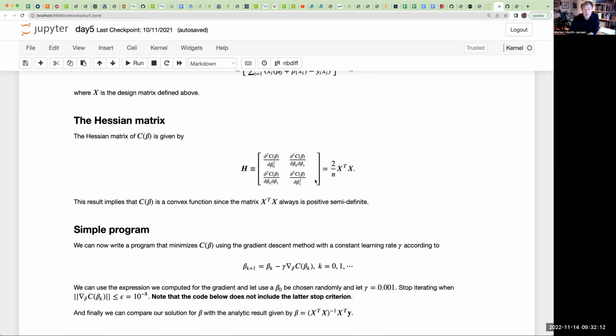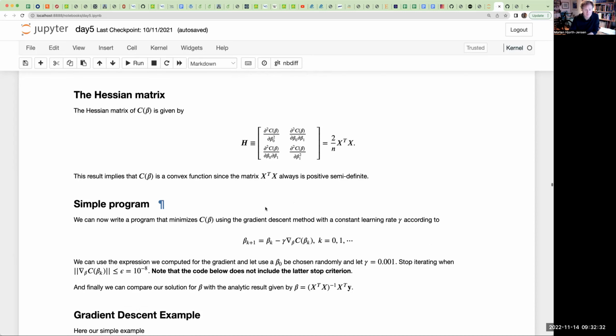If the matrix has eigenvalues which could be 0, then it could be semi-positive definite, or if the matrix has only non-zero eigenvalues or non-zero singular values, then it will always be a positive definite matrix.